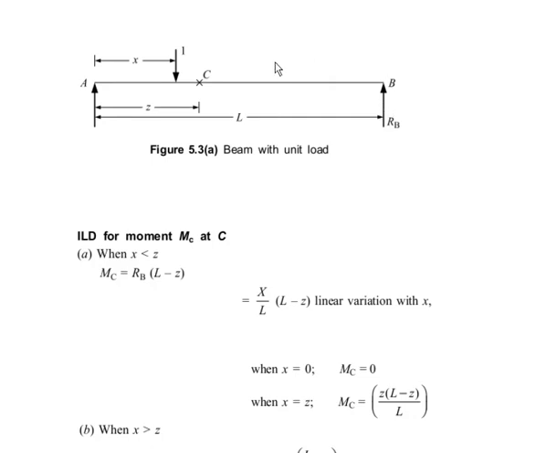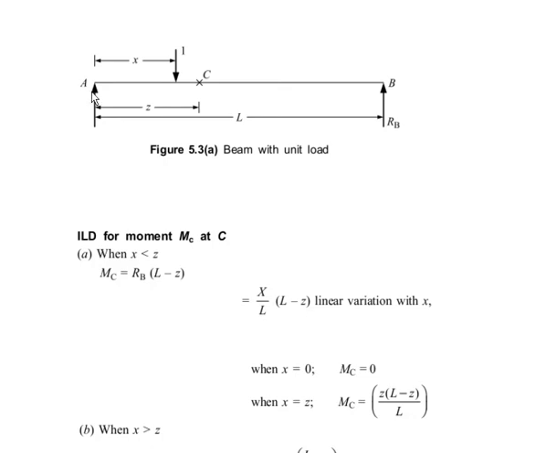We know the value of RB already, it is x by L. So moment at C is equal to x by L into L minus z.